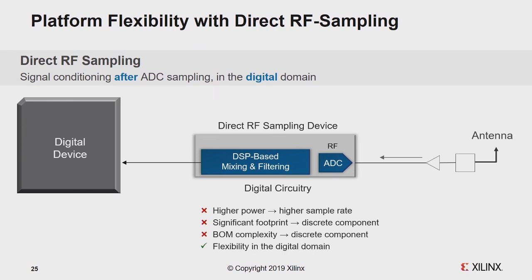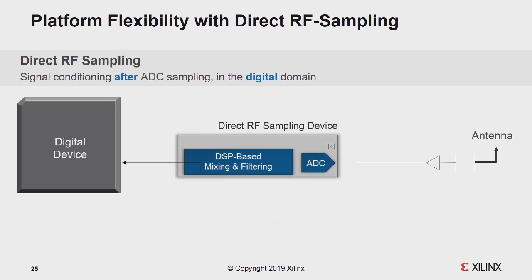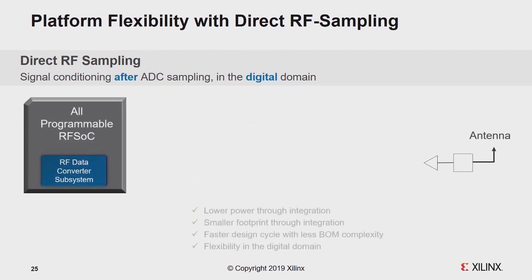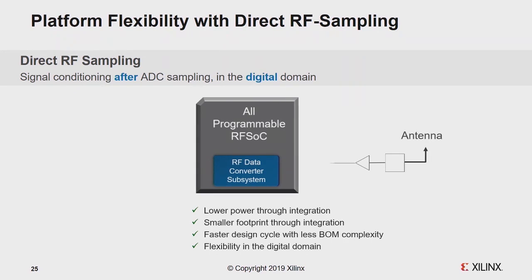So we move all the analog implementation to the DSP, and it still needs the JESD204B to communicate between the RF direct sampling data converter and the FPGA.